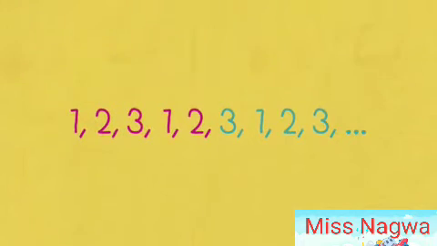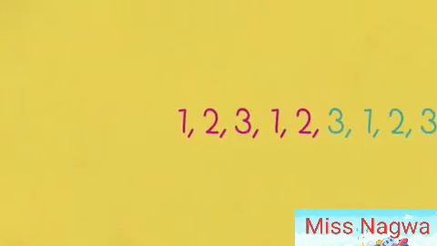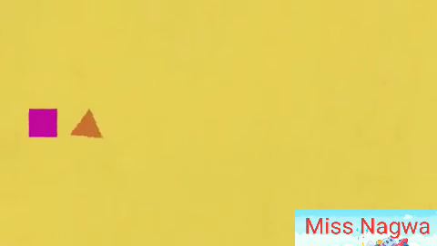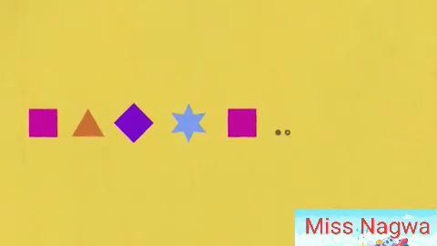Now let's take a look at these shapes. They appear in this sequence. Can you guess what the missing shapes are within our sequence? Let's figure out the pattern first. This will help us work out the missing shapes. If we look at the first 4 shapes, they are all different. But then it seems that these 4 shapes repeated again.